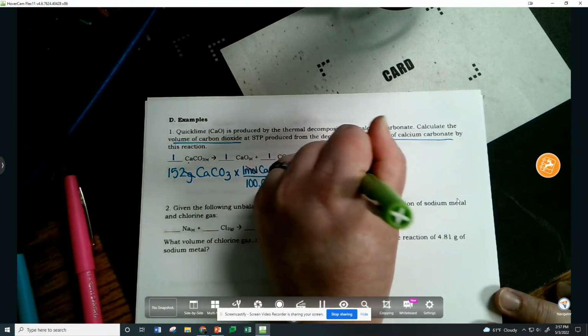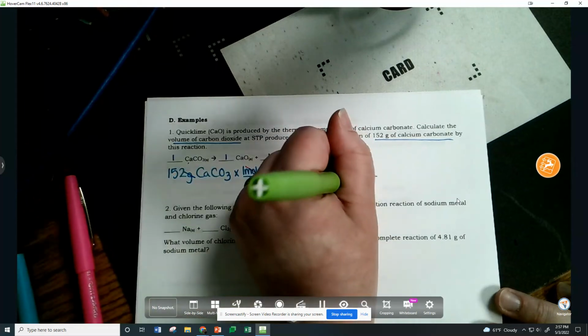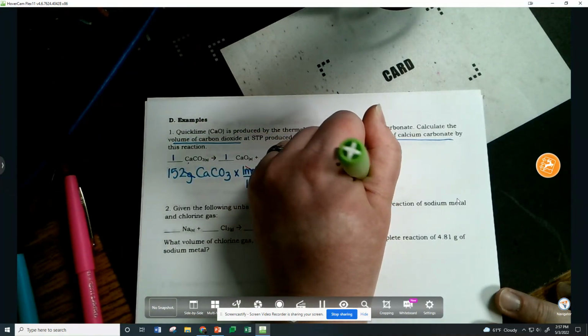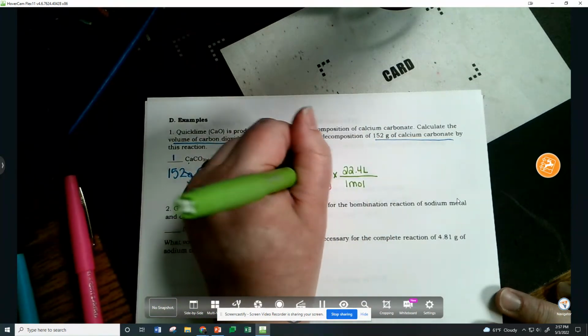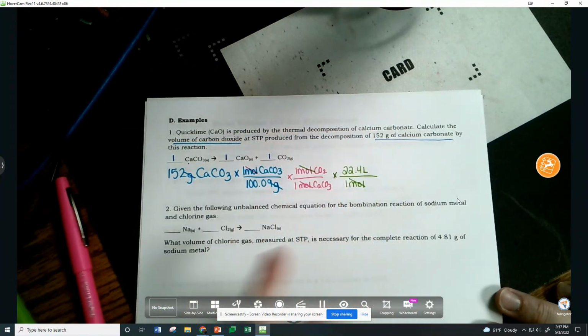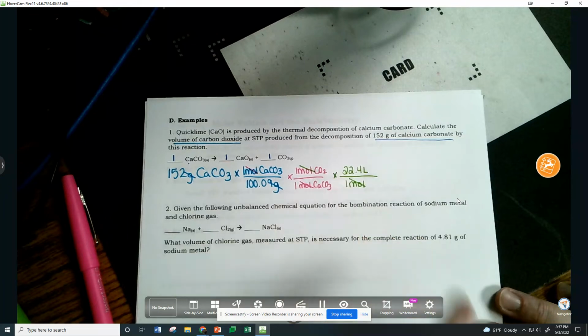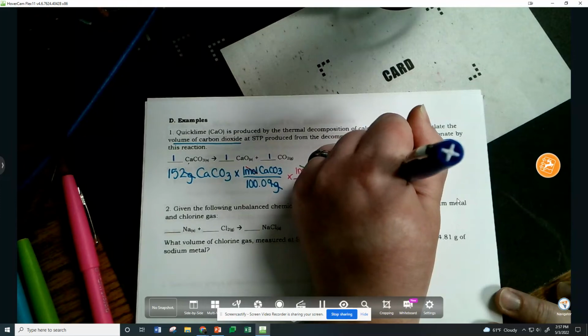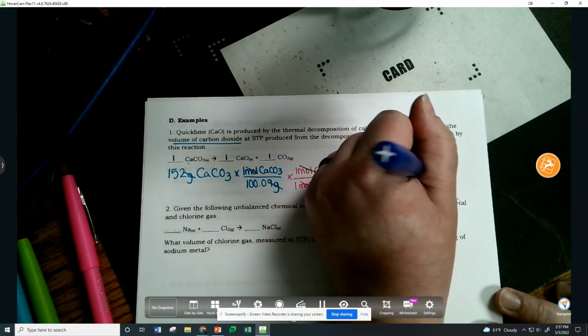That's using our molar volume conversion factor, that 1 mole is to 22.4 liters. Moles cancels. I'm now at liters of CO2. Again, make sure you're careful with how you run this through on your calculator. If you work everything out correctly and keeping 3 sig figs, we get an answer of 34.0, and this is liters of CO2.